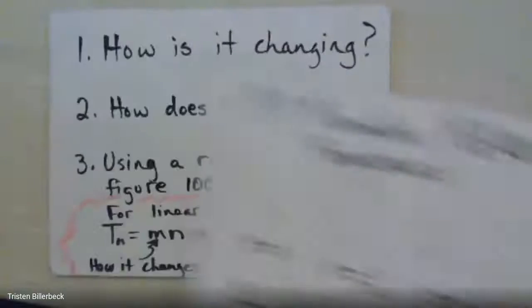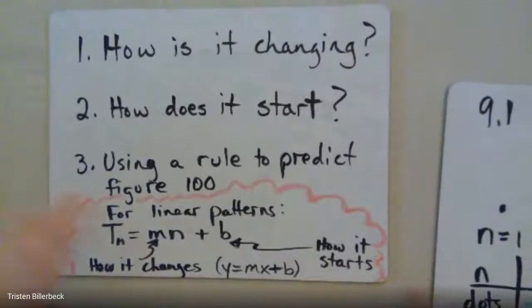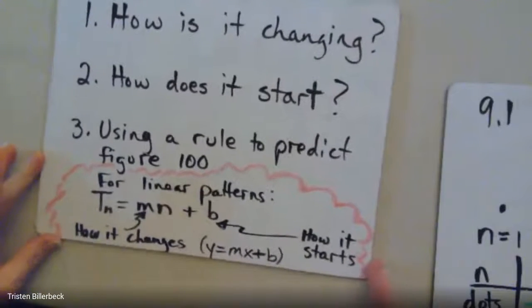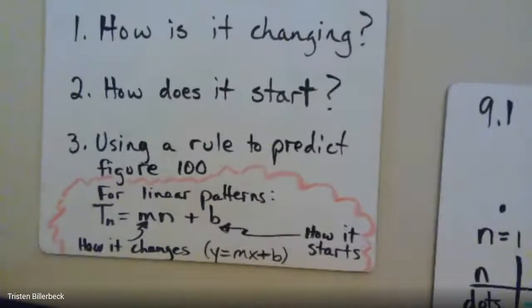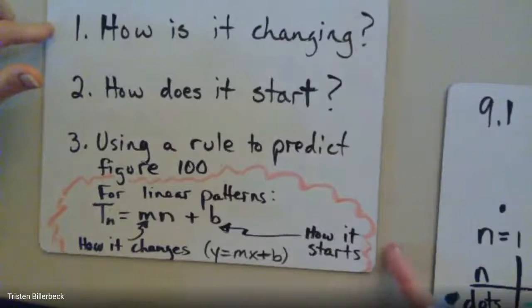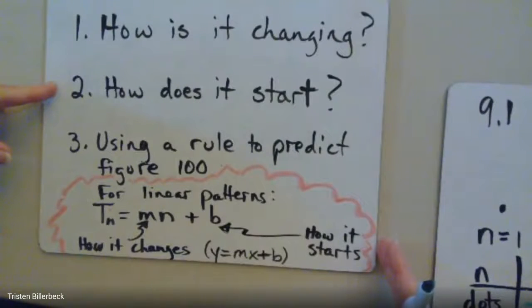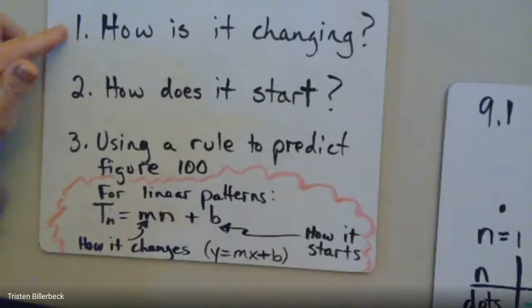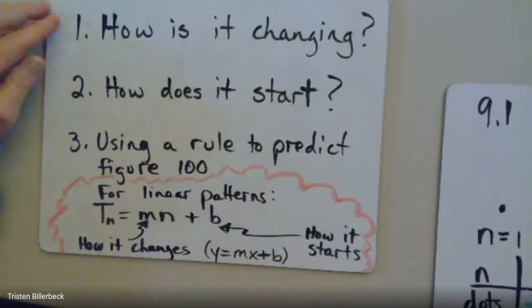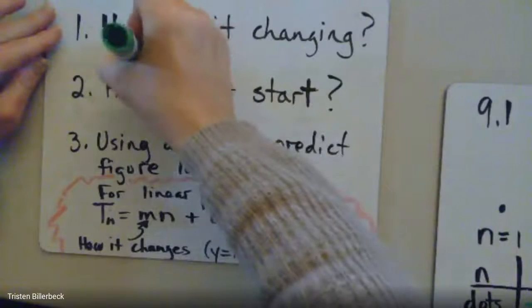So in order to determine patterns and a rule for these patterns, we need to figure out how is it changing and how does it start. Using a rule to predict, we want to use a rule to predict figure 100 once we answer these two questions. So how is it changing? Well, we notice that it's adding 2.